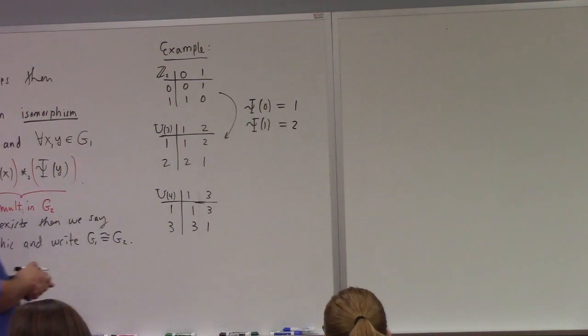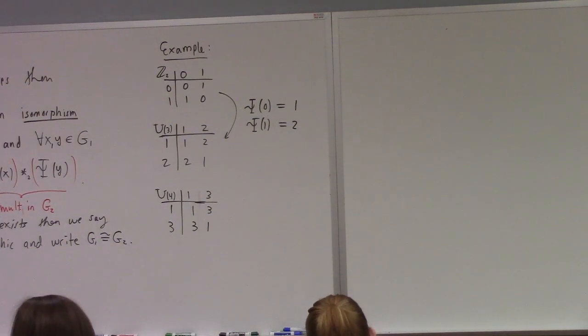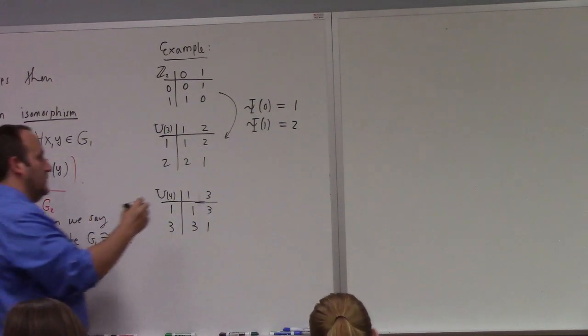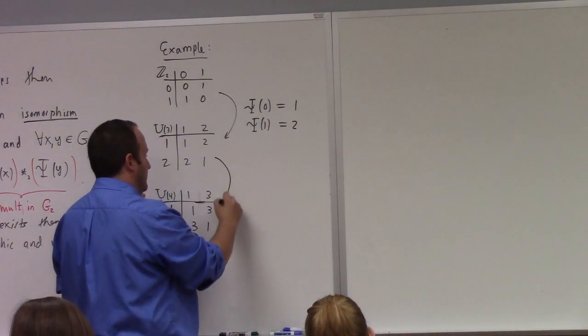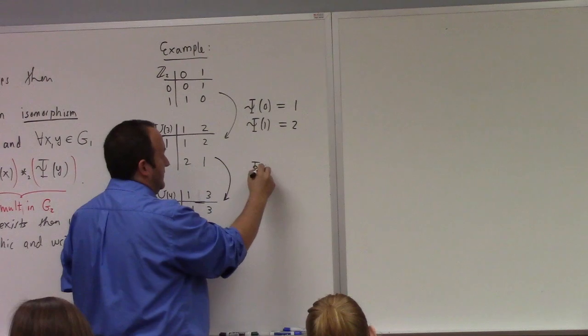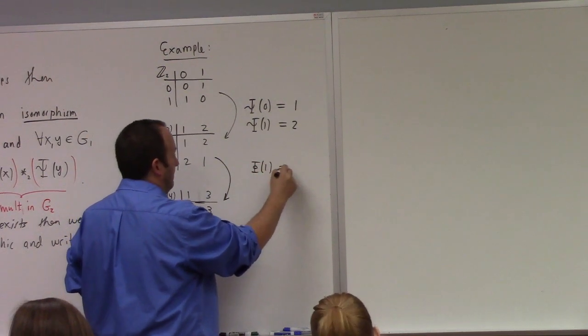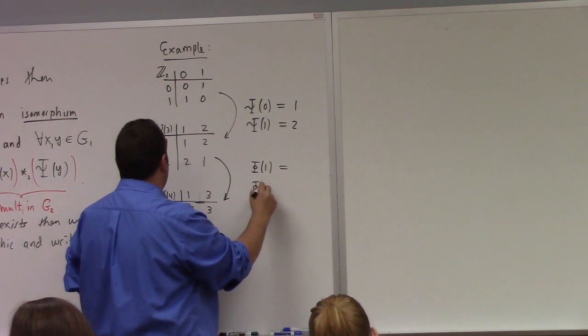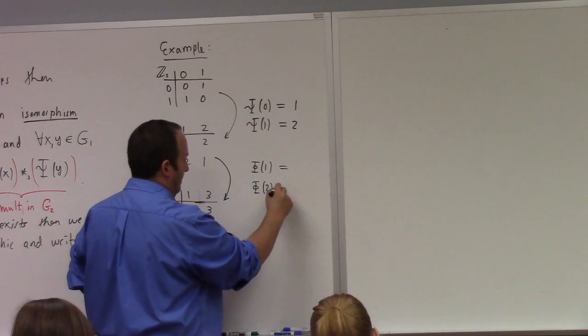That would define an isomorphism from Z2 to U3. If you wanted to define an isomorphism from U3 to U4, let me use phi as a map. We'd set phi of 1 equal to what? And phi of 2 equal to what?